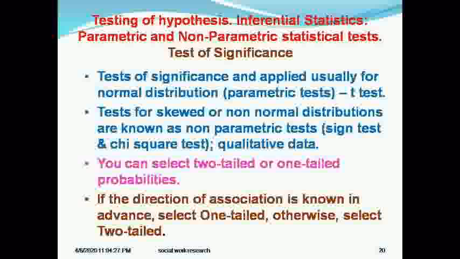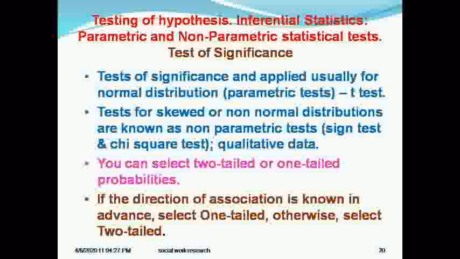Suppose we don't know the direction of the association. For example, educational status and crime rate. We do not exactly know. Sometimes we find there are people who are highly educated, engaged in very severe, serious crimes. We also find that people with poor education or illiterate people are engaged in petty crimes.